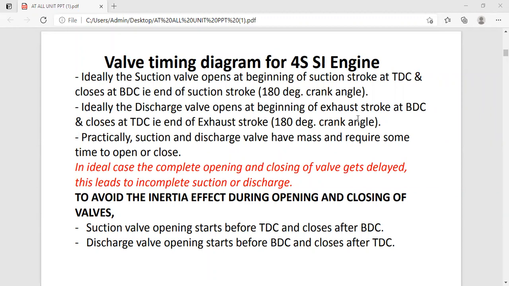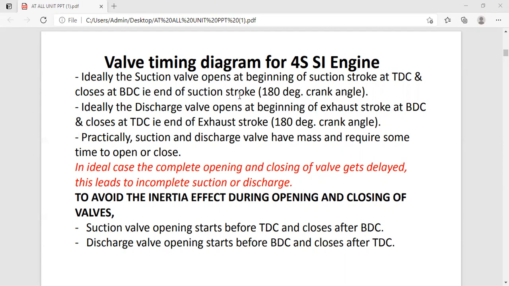The valve timing diagram shows at what point the inlet valve should open and at what point the exhaust valve should close. That representation of the opening and closing of the inlet valve, and the opening and closing of the exhaust valve, is called the valve timing diagram.